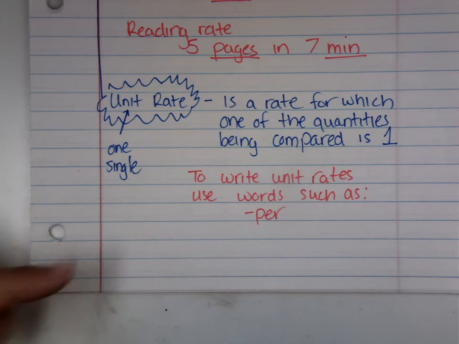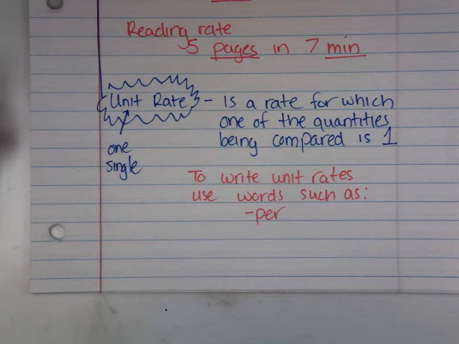For example, I went 65 miles per hour. Okay? 65 miles per hour. That means I'm going 65 miles for every hour.